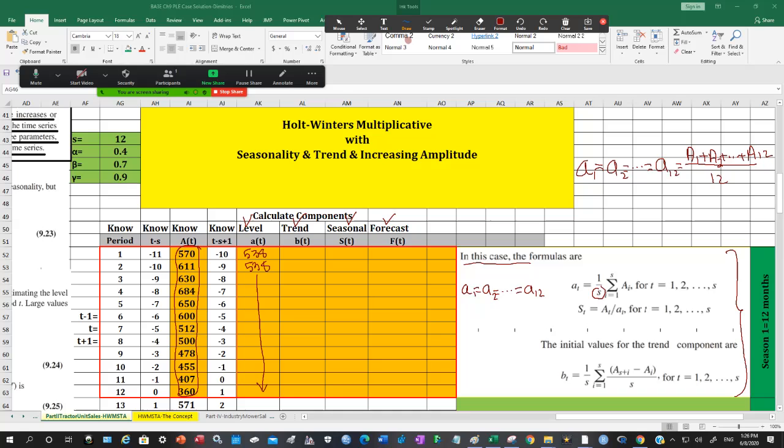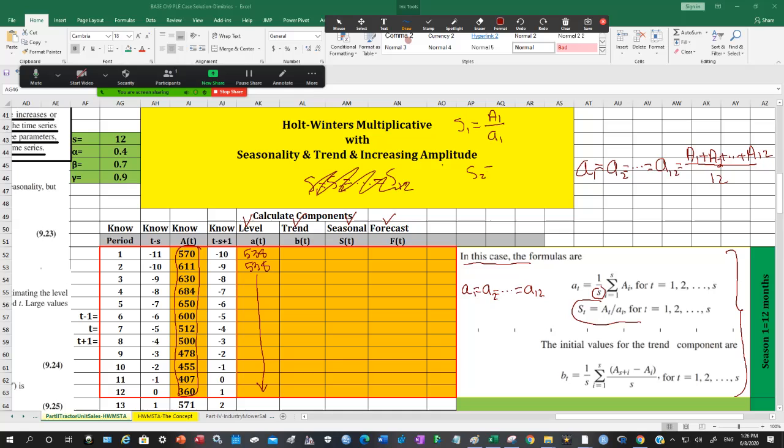In the formula for S of t, S of 1 equals actual 1 over the level component.